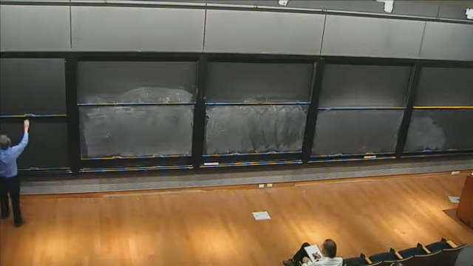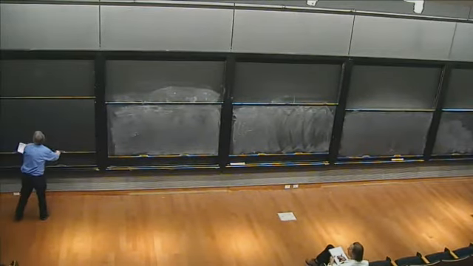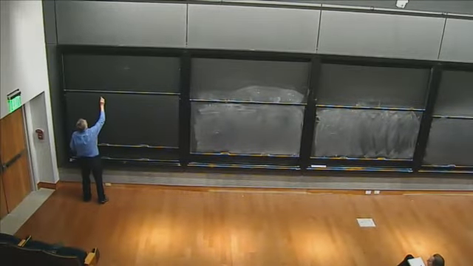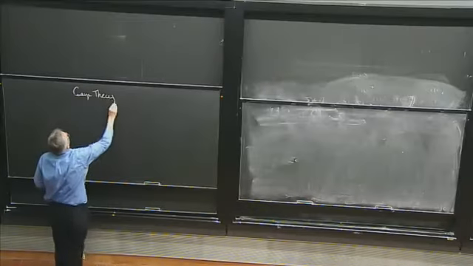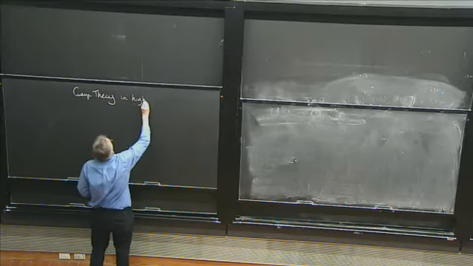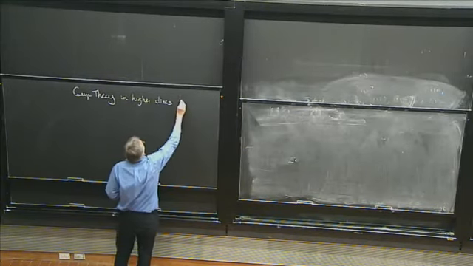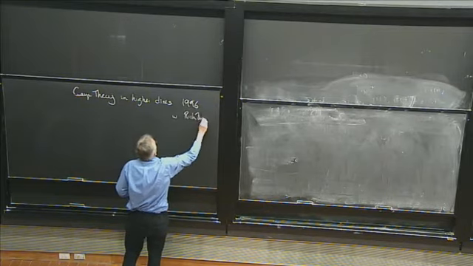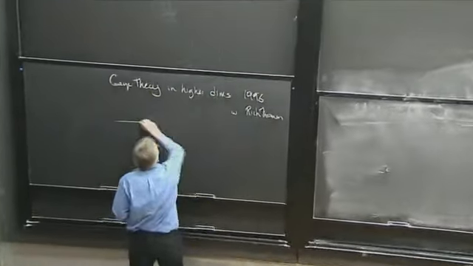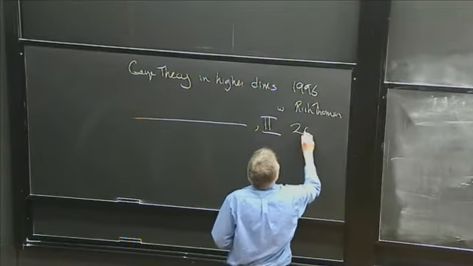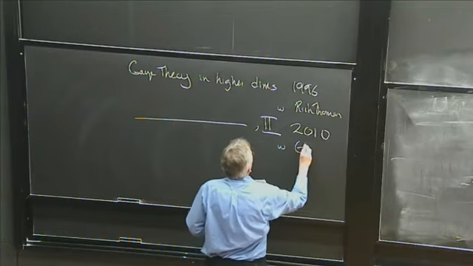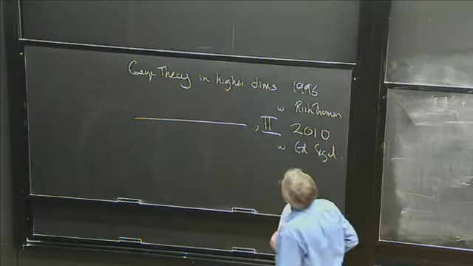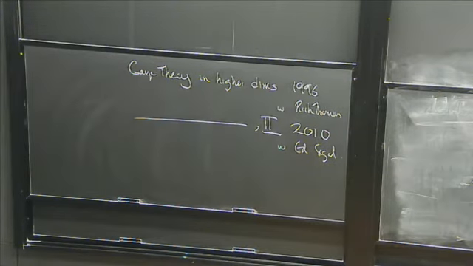Everything I say will be nothing new, basically one of the old papers which I just mentioned, called Gauge Theory in Higher Dimensions, in 1996 with Richard Thomas, and then part 2 in 2010 with Ed Segal. Soon it will be time for part 3, one of these years.